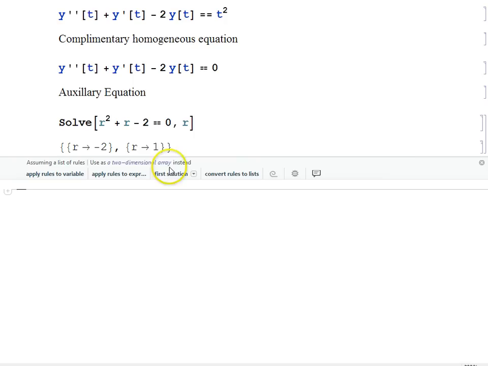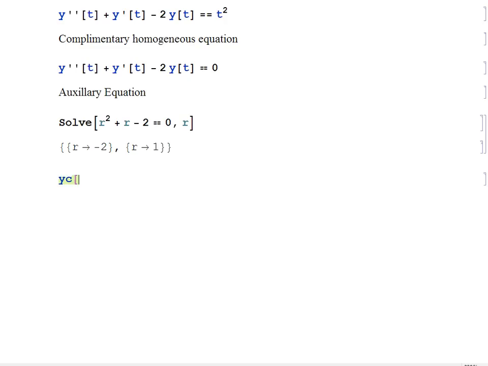We can call this yc of t, and we're going to define it to be C1 exponential of minus 2t plus C2 exponential of minus t.